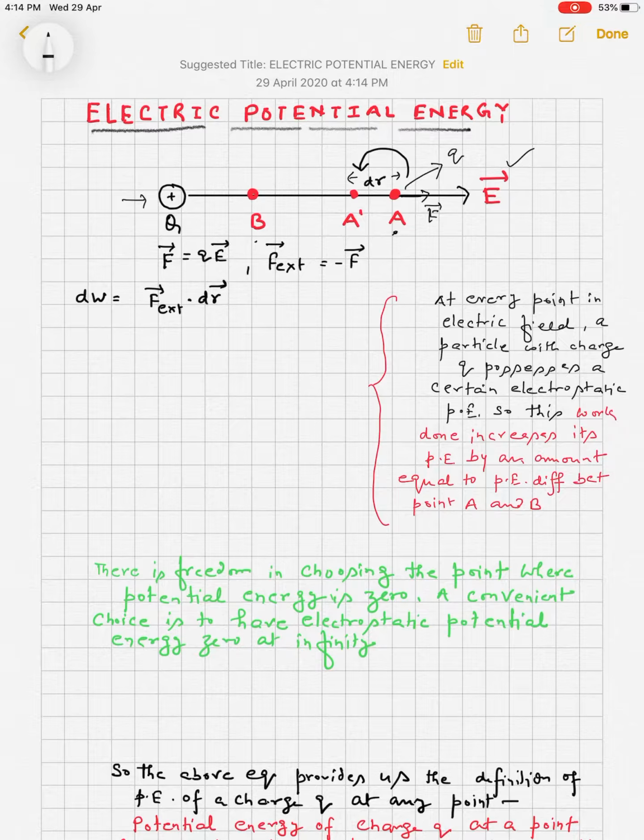So the total work done in moving the charge Q from point A to point B, that is W, is equal to the integration from A to B of F external dot dr. This is the work done, and this work done is against the electrostatic repulsive force.